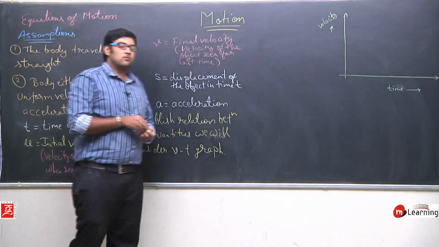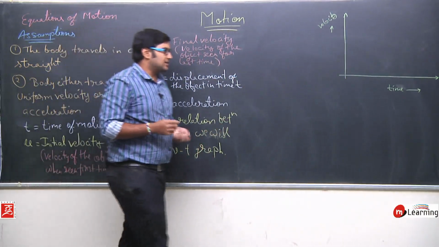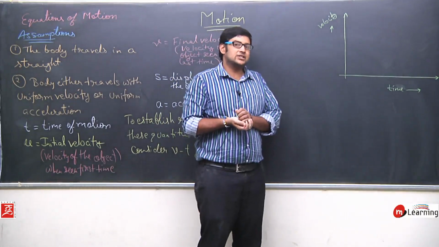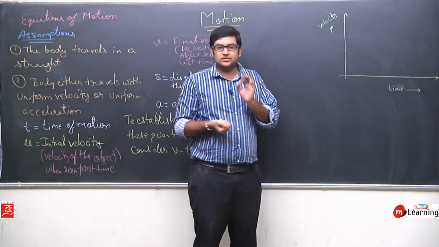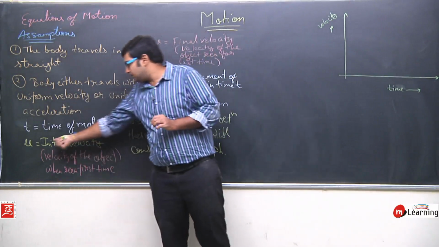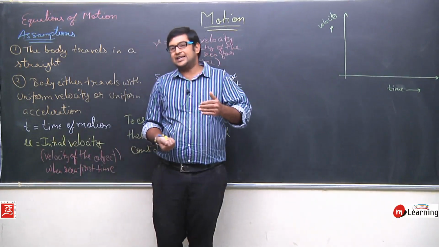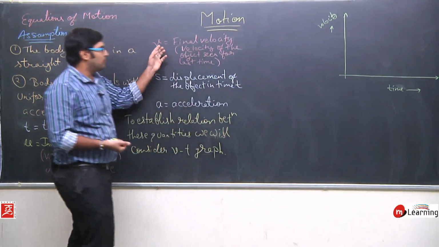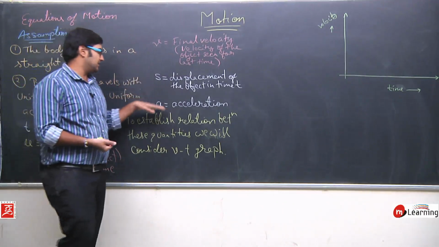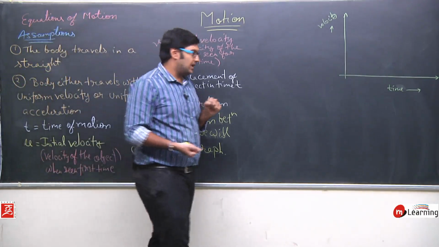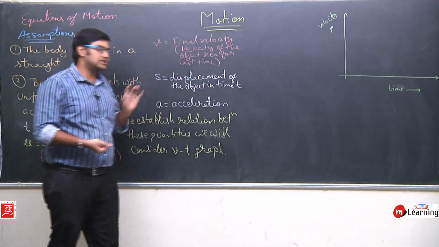Let there be an object which was initially traveling with speed u, and after t seconds it is traveling with speed v and has an acceleration a, and has traveled a distance s.